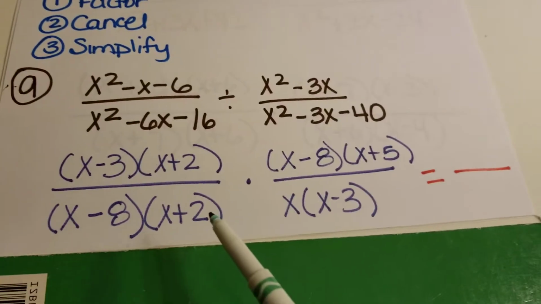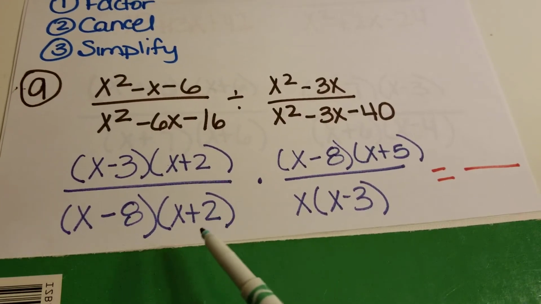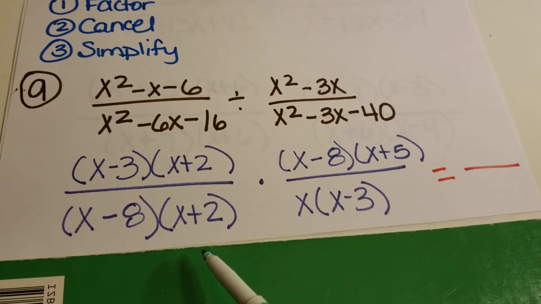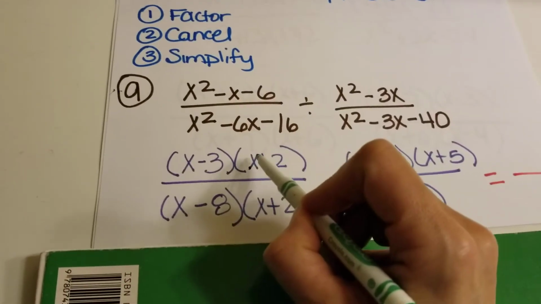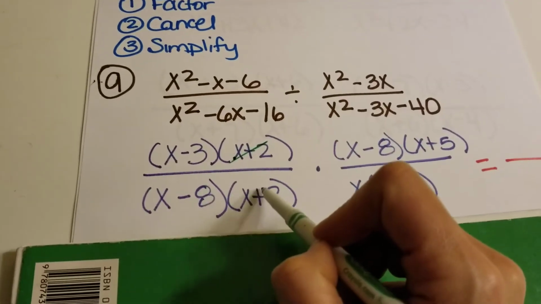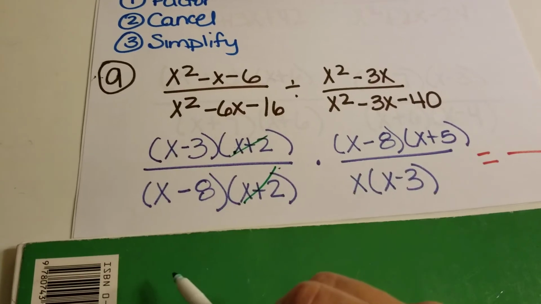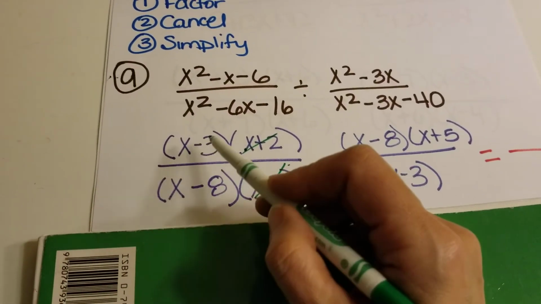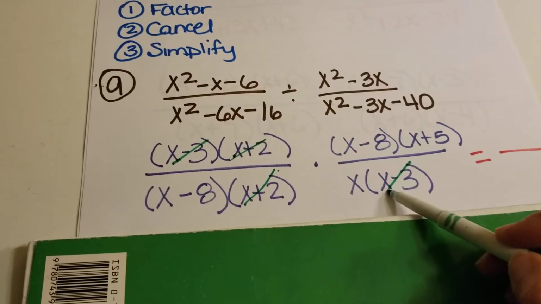Now what we're looking for is canceling factors. We can only cancel identical factors. So x plus 2 cancels with x plus 2. See how they're identical? x minus 3 here cancels with x minus 3 over here.